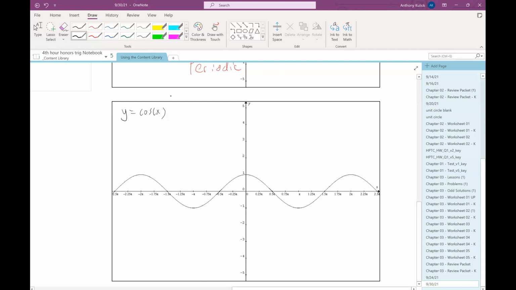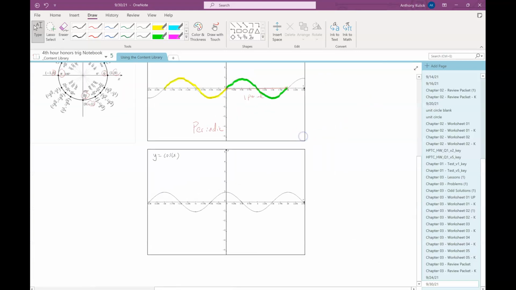So notice that the cosine graph looks pretty similar to the sine graph, but it's not exactly the same, right? Same kind of shape, but they're in a different location.